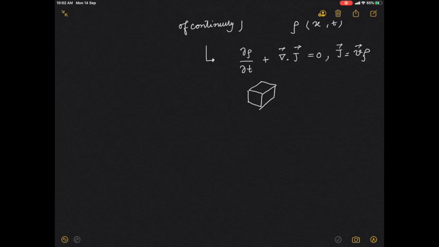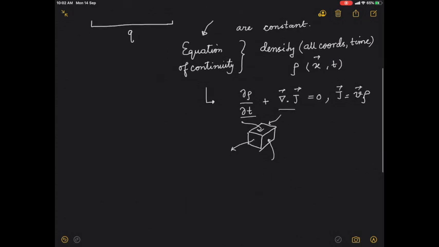If I take any infinitesimal volume in the fluid, the only way that the number in this volume changes is if some particles go out of that volume or some come in. The net flux is given by this, and if the density itself changes, that is given by this explicit change in density with time. So that we know holds for fluid mechanics.